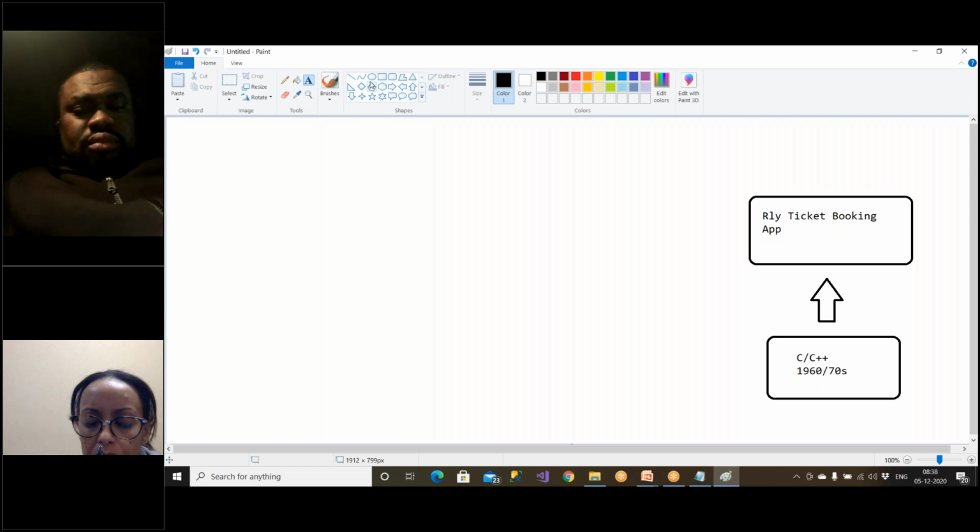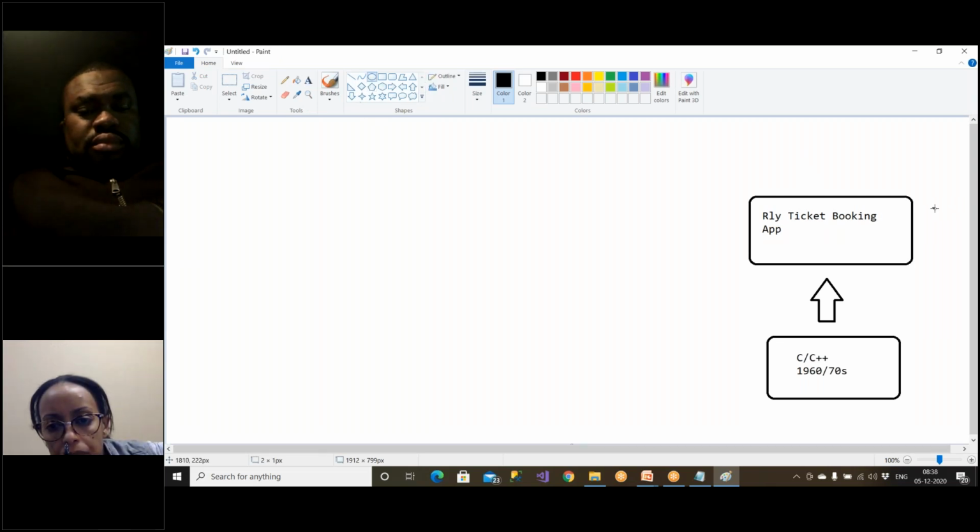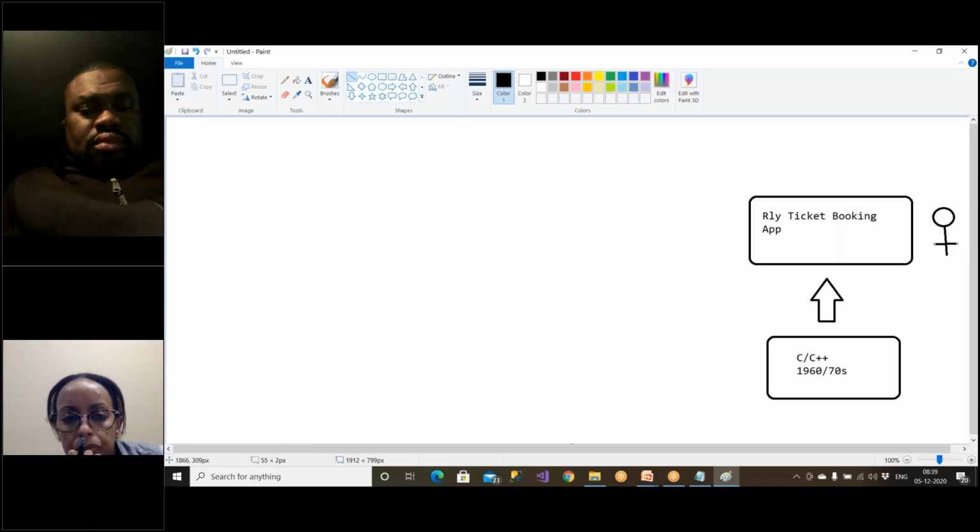So many customers are going to use this application. For example, you wanted to book a ticket. What do you do? You go to the railway reservation counter, and you are the customer, and you wanted to book a ticket. But a lot of data you're going to be giving, right? So you're the customer. You wanted to supply your data. My name is John.